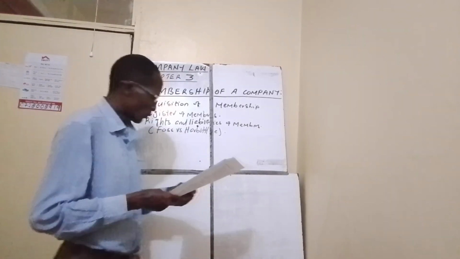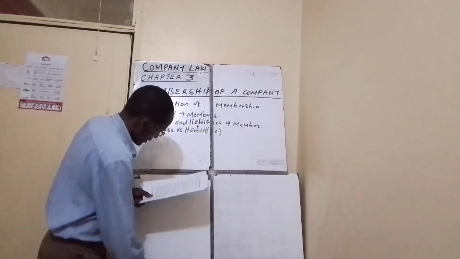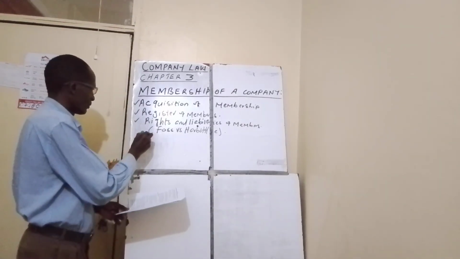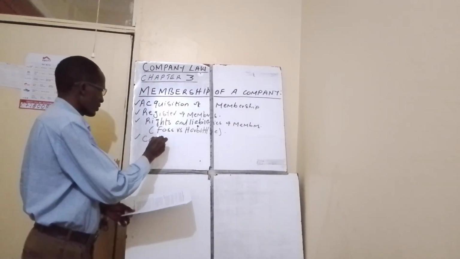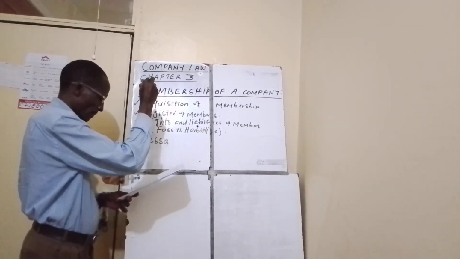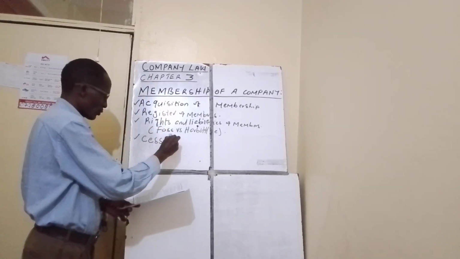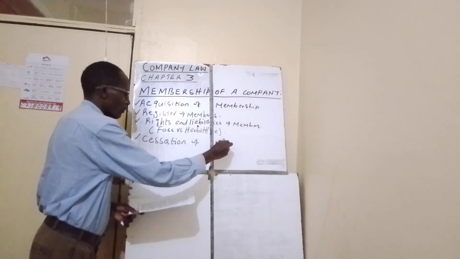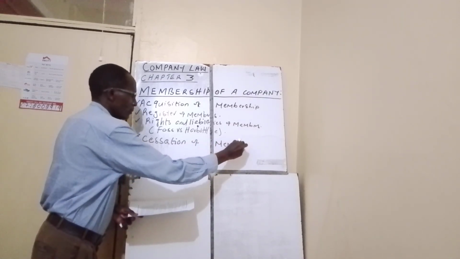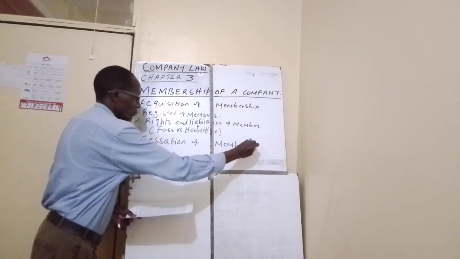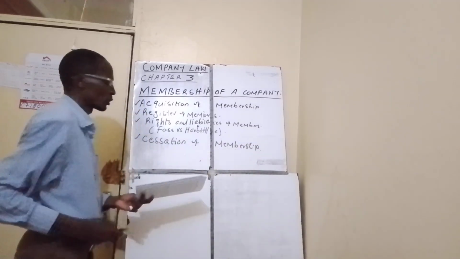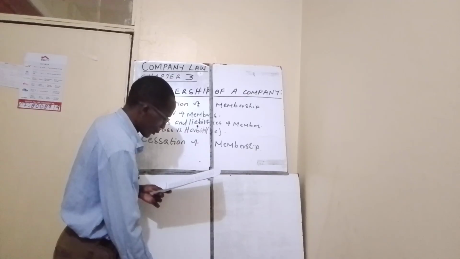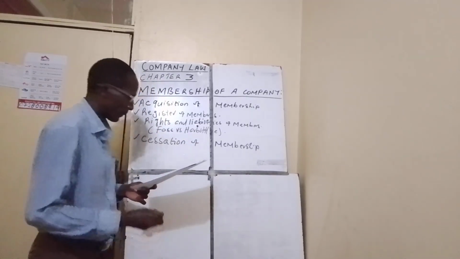Now from there, we move to something else, and this is cessation of membership. How do we write cessation? Cessation of membership. From the word to cease, to stop. How do you stop from being a member?